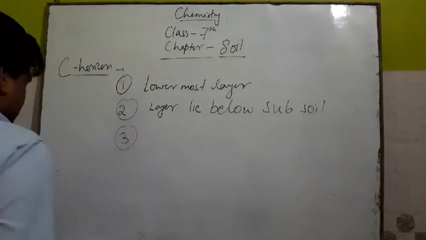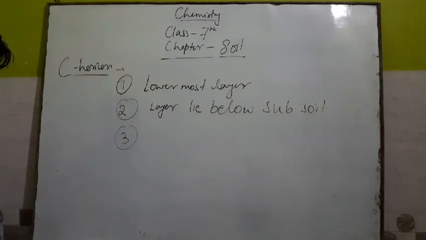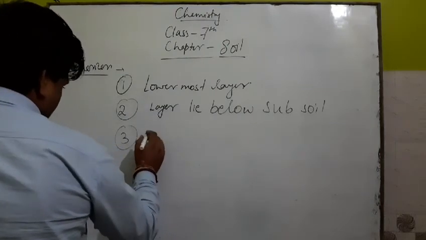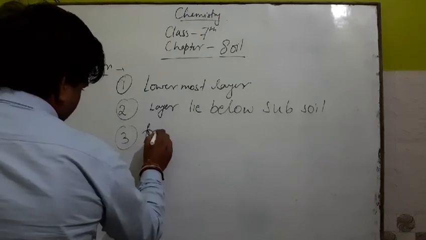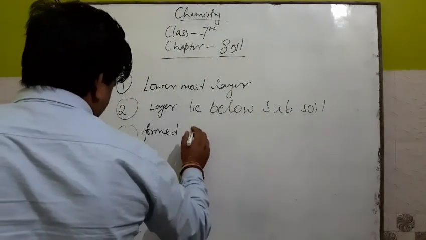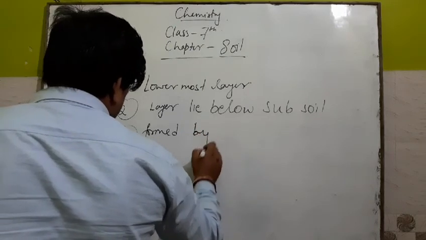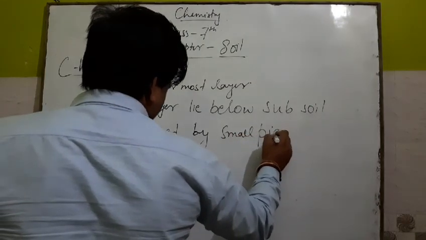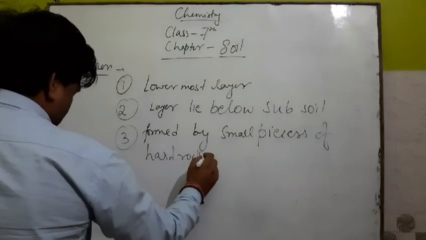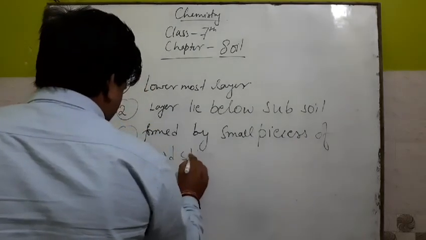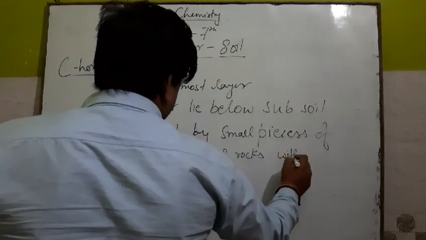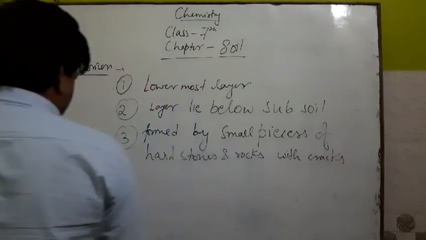Third point, the layer is made up of small pieces of hard stones and rocks, formed by small pieces of hard rocks with cracks and crevices. Okay.